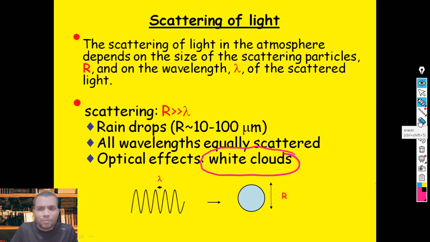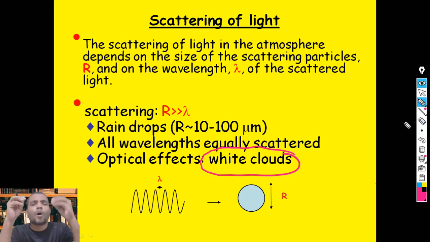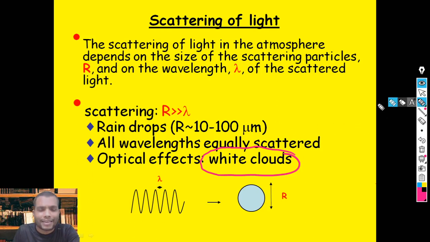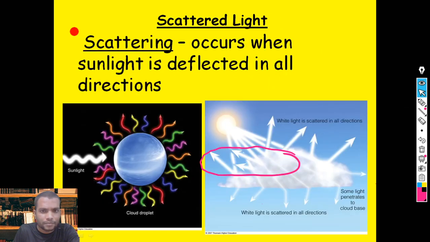Because of the scattering of light with the raindrops. The raindrops are bigger in size and they scatter all wavelengths of light in all directions. That's what we saw in the first slide. Here we can see the white light is scattering in all directions. Why?